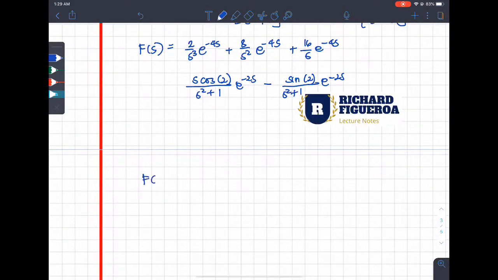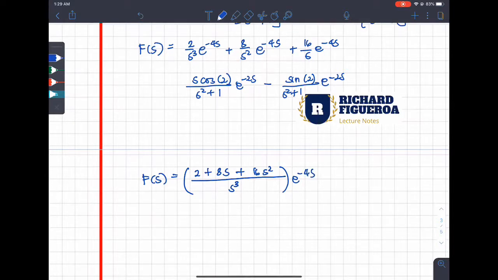To simplify further, we could combine our denominators. We'll have s cubed here, and then 2 plus 8s plus 16s squared, everything multiplied with e raised to negative 4s. Similarly, we could have plus s squared plus 1, and then s cosine of 2 minus sine of 2, everything multiplied with e raised to negative 2s.